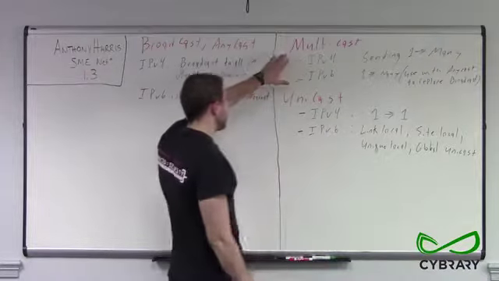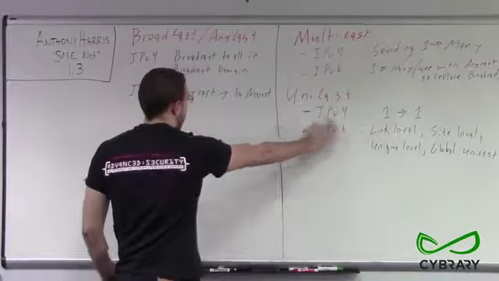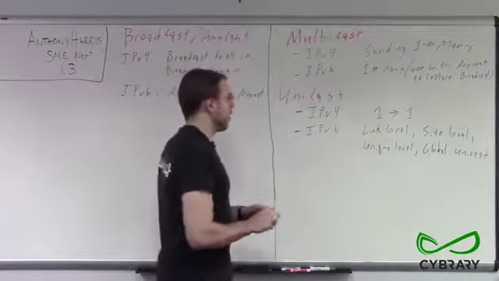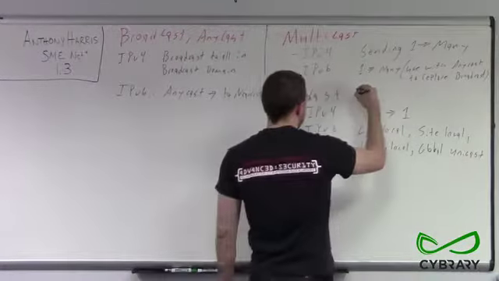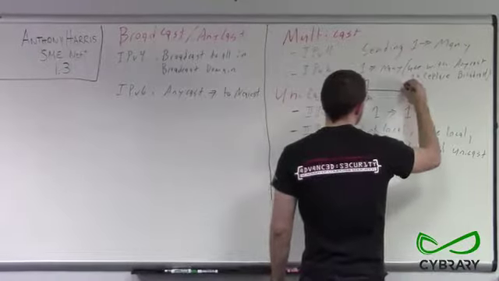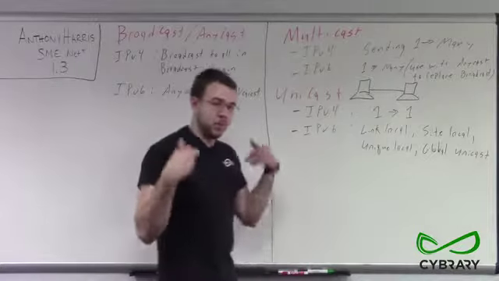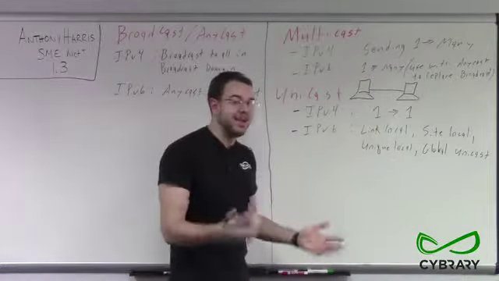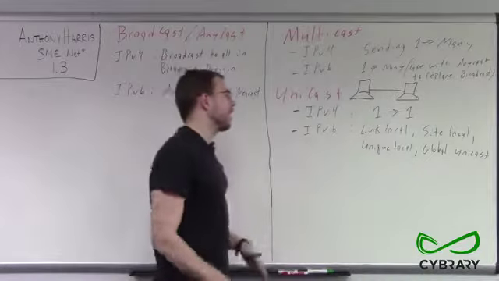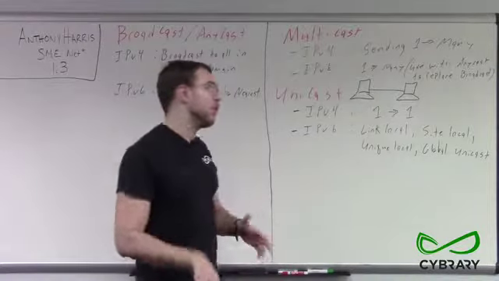Now when we're referring to a unicast, when we're talking about IPv4, we're talking about a one-to-one relationship. So a unicast will be a single computer or single node talking to another single computer or single node. We're sending a packet to a unicast address. A unicast address is an address that specifies one single computer or one single node.